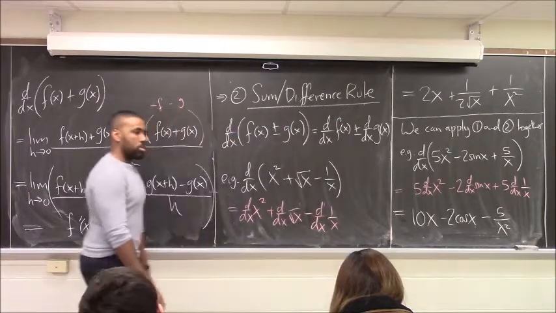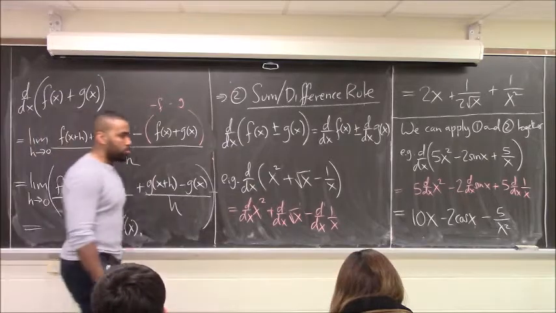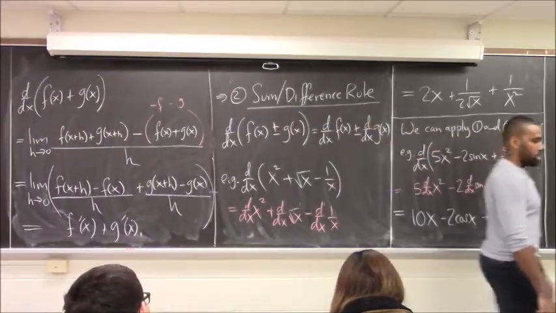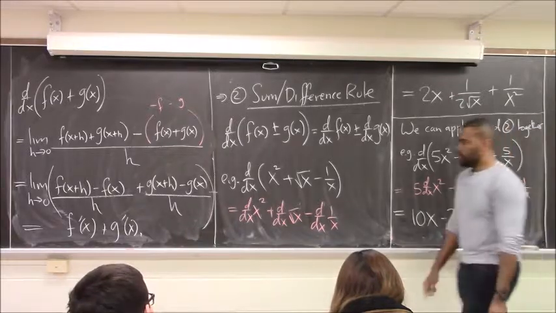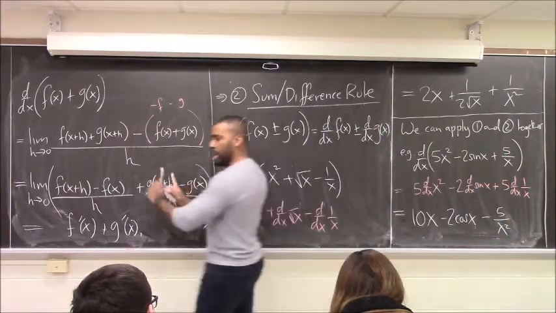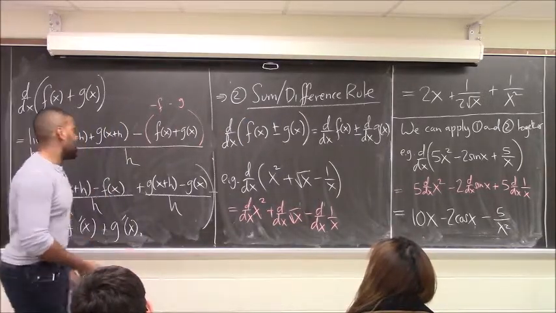And that would be that derivative. So derivatives distribute across sums, and constant factors can be factored out. You essentially ignore them until the end. So if you know how to differentiate individual functions, you can differentiate combinations of these.